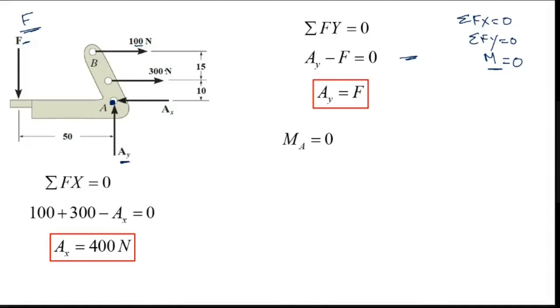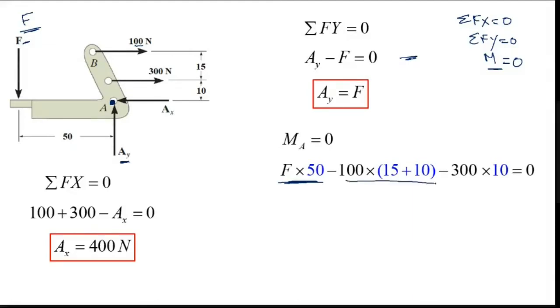If I take moment at A equal to 0, you can see force into perpendicular distance, rotating anti-clockwise. So F into 50 minus 100 into 15 plus 10. So the total distance is 25, so 100 into 25.